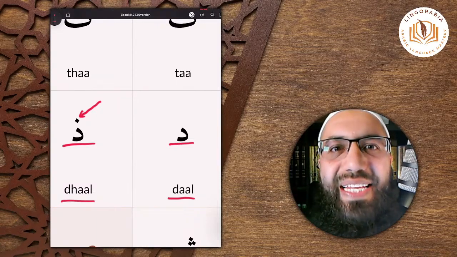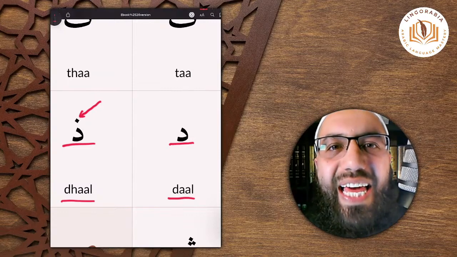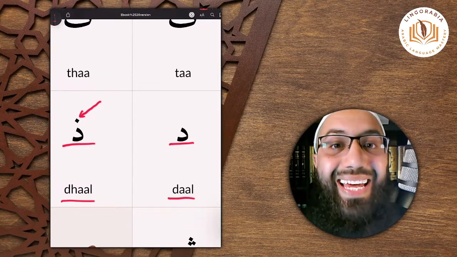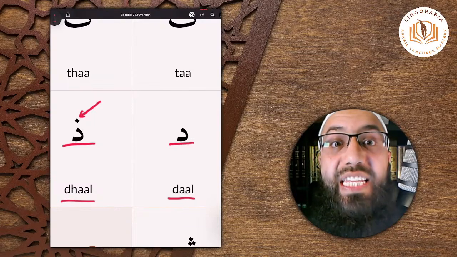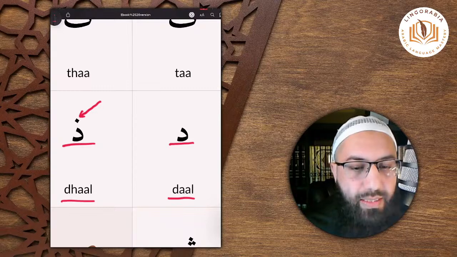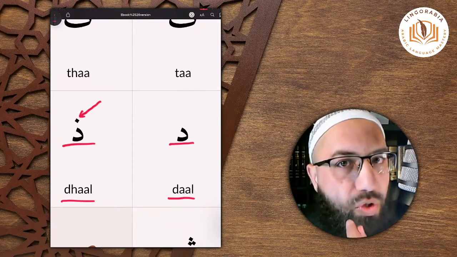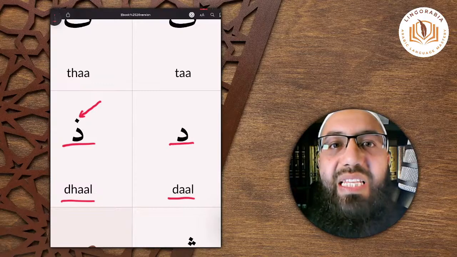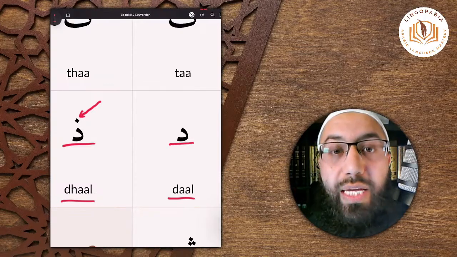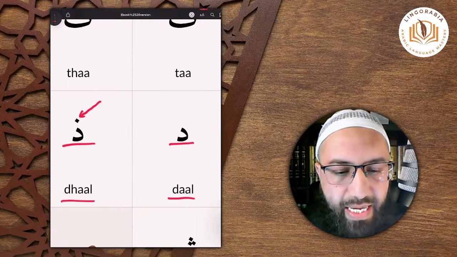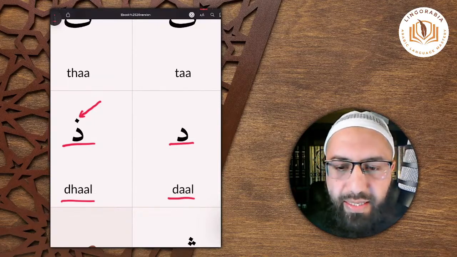Okay, dhal. This is very important to keep in mind. Put your tongue slightly between your teeth and pronounce it like this. This is the sound that you should get. Okay, does this make sense, brothers and sisters? Is this clear?